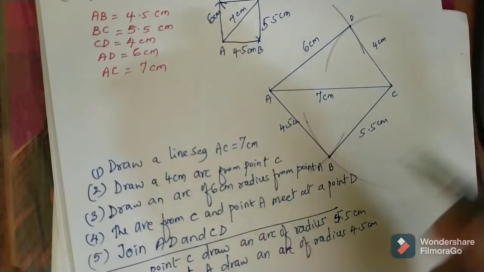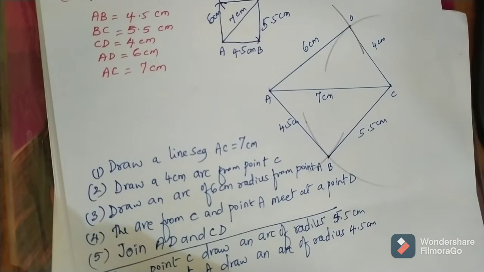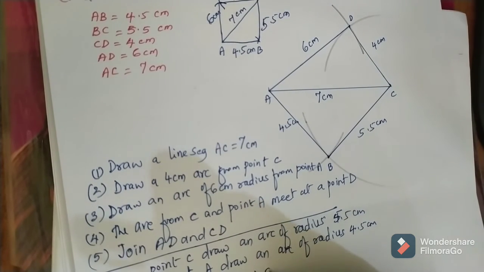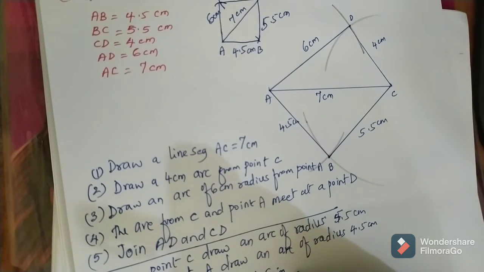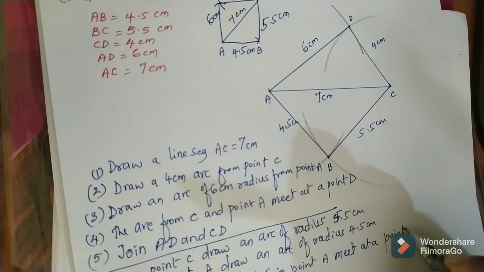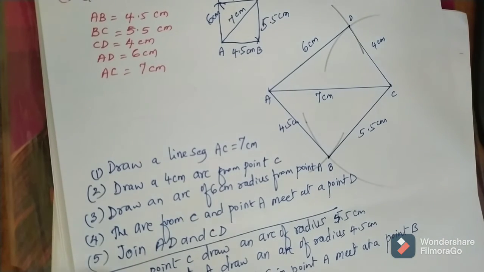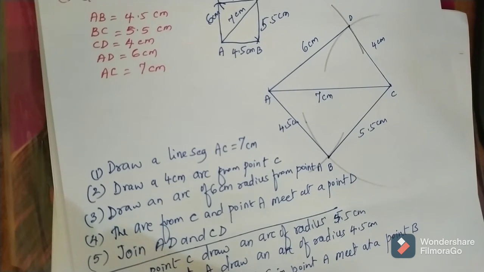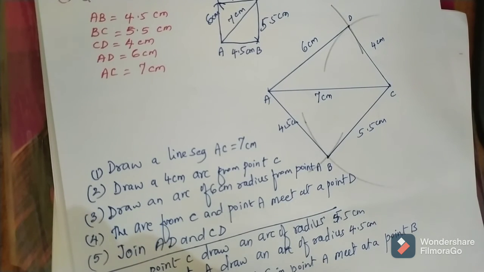Then we have to write that both the arcs, the arc from C and from point A, meet at a point B. Join AB and BC.